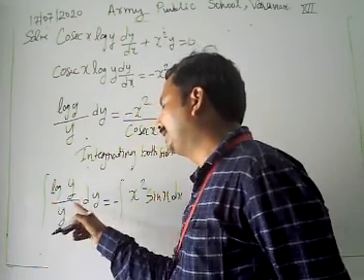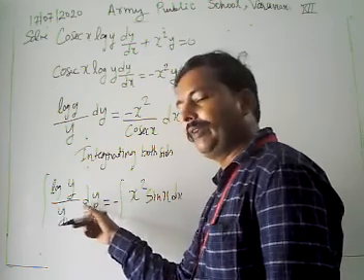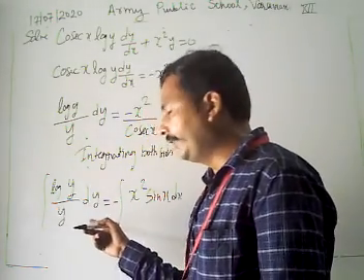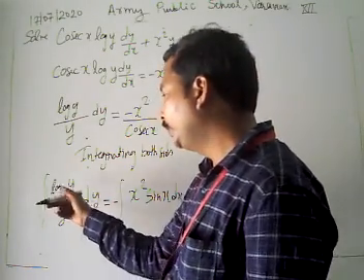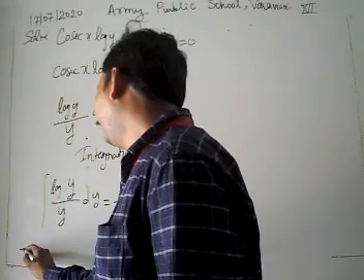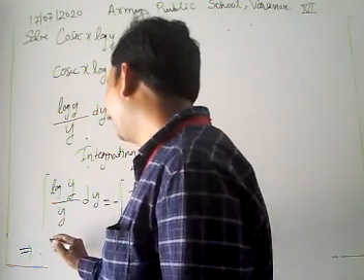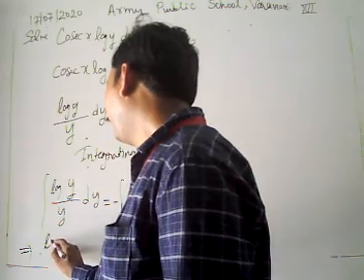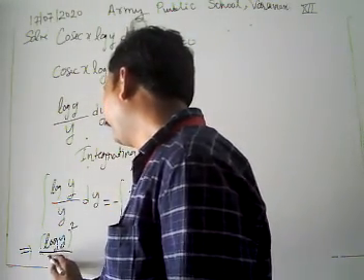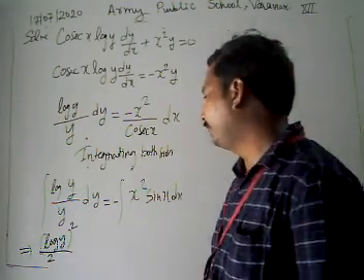Then it's the integration of t dt. We get t square by 2 from this integration. Its value is t square by 2, which means log y whole square by 2.